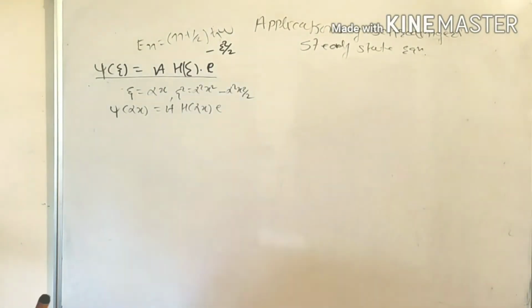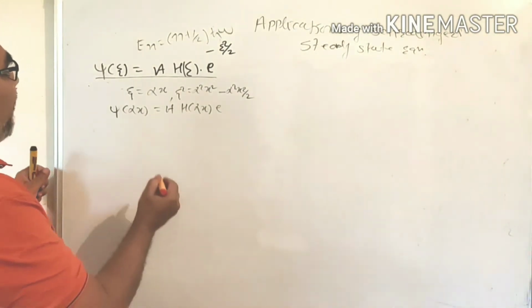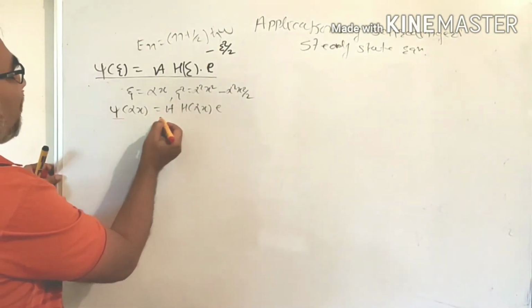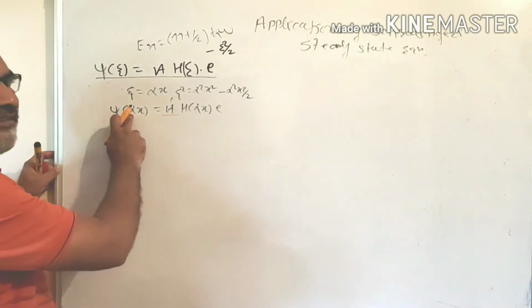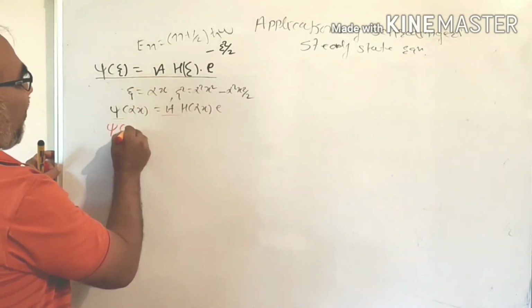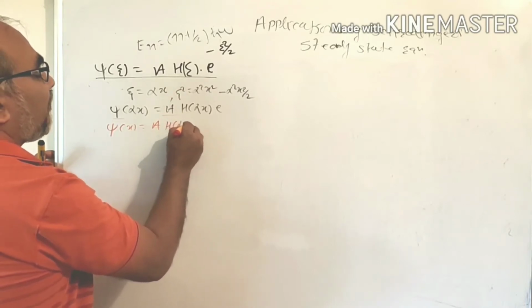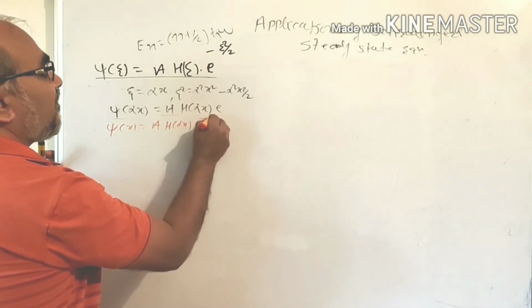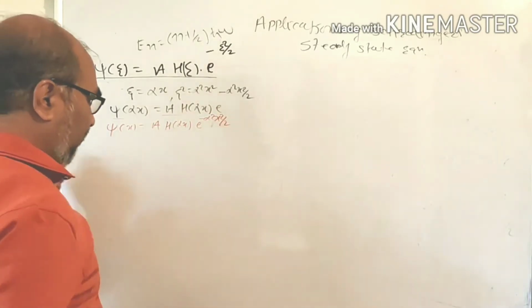Now this equation is for psi and alpha. Alpha is a constant, therefore we can write only psi of x is equal to A H of alpha x e raised to minus alpha square x square by 2.